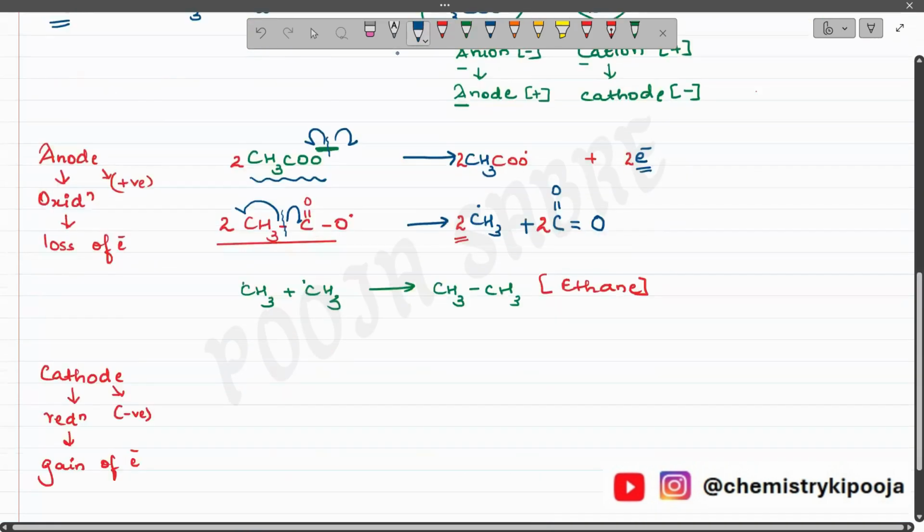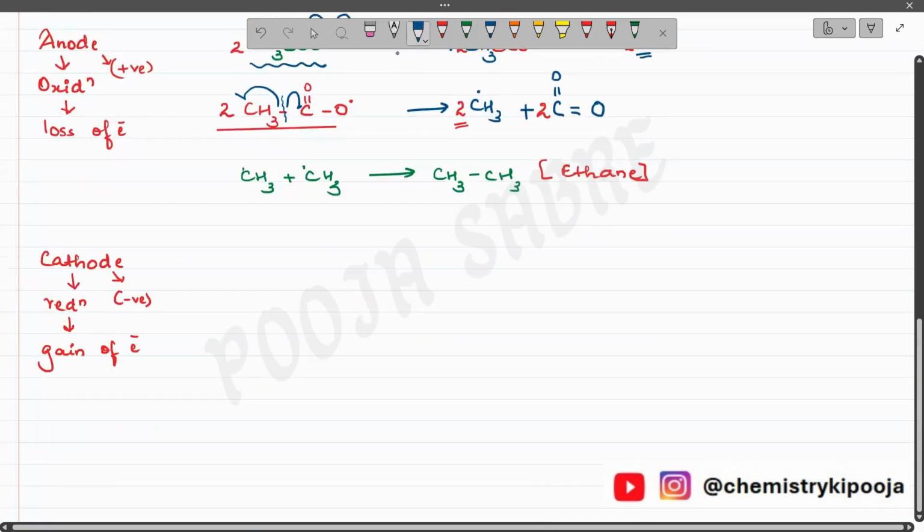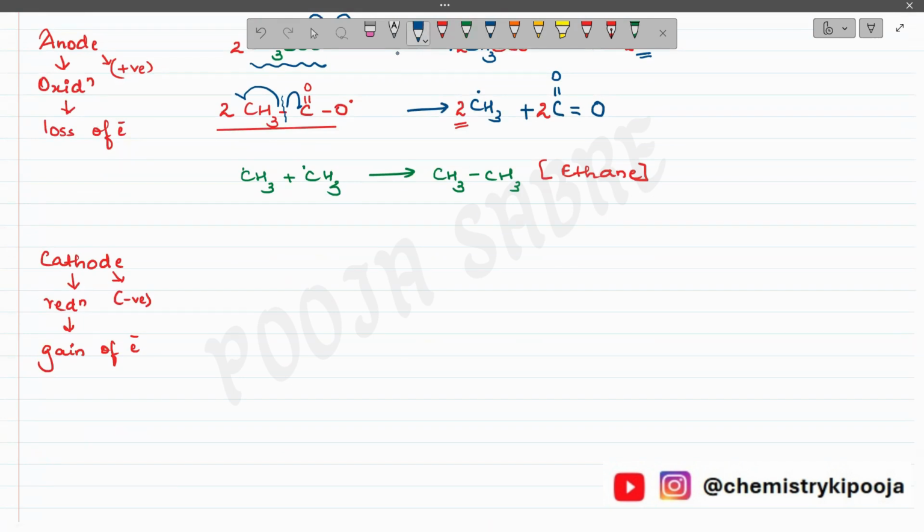I mean to say, at the cathode, hydrogen will get reduced, and getting reduced means it is going to gain an electron. So if I need to write down the reaction at the cathode, I'll write 2H plus, plus electron, or else we can simply take H plus and 1 electron, and when it adds, this plus and this minus will get cancelled.